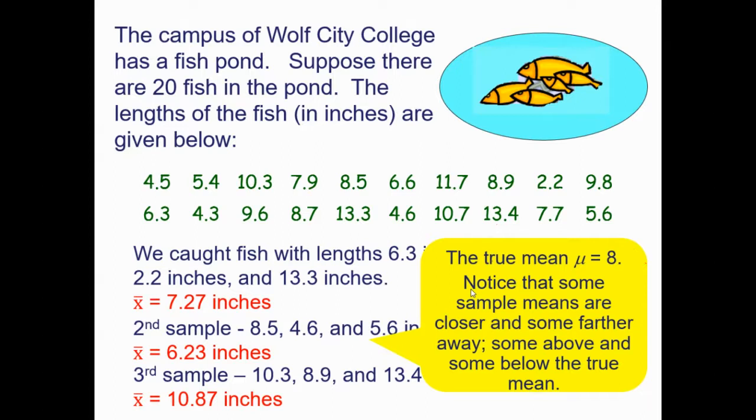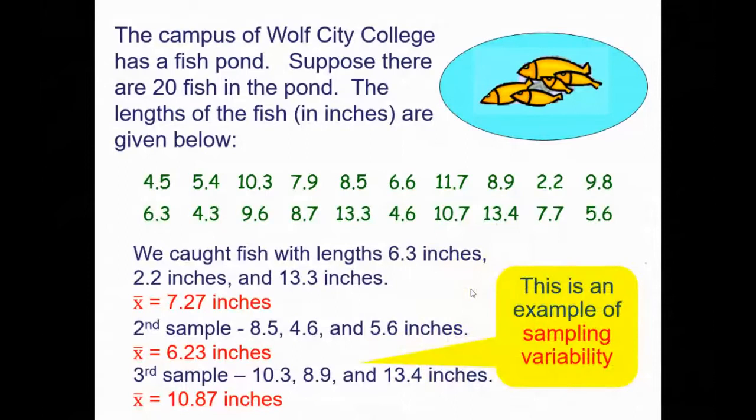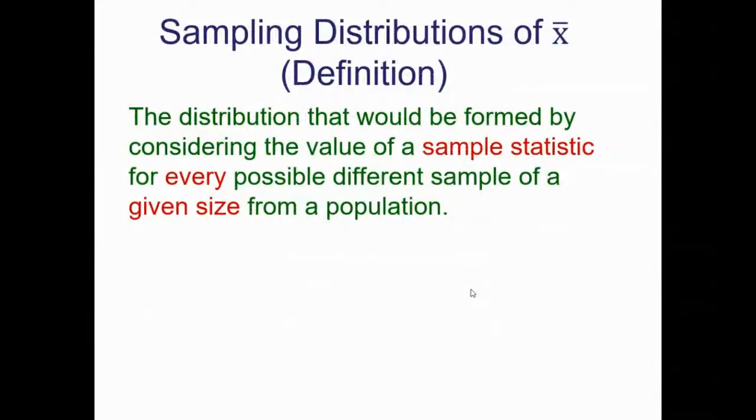So let's flip over to the next page. So sampling distributions of X bar, the definition of that is it's the distribution that will be formed by considering the value of a sample statistic for every possible different sample of that size.